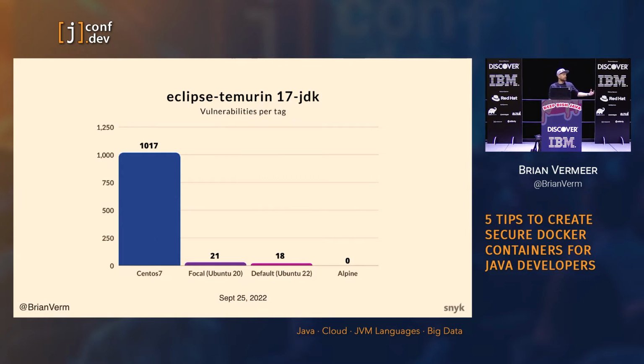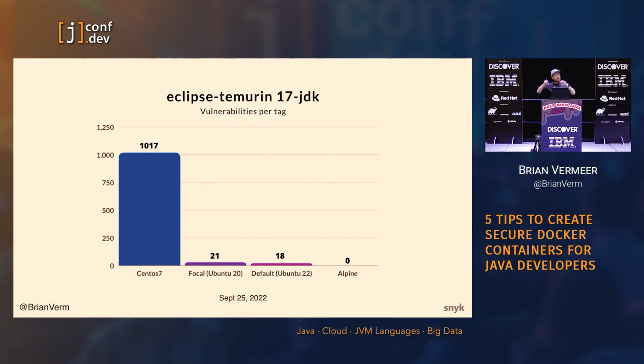However, if I pick the CentOS 7 one, I have over 1,000. Would be more funny if it was over 9,000, but that's another reference. Anyway, I base this on Eclipse Temurin 17 JDK because I want to use JDK level 17. Not because it's CentOS or Ubuntu or something like that.